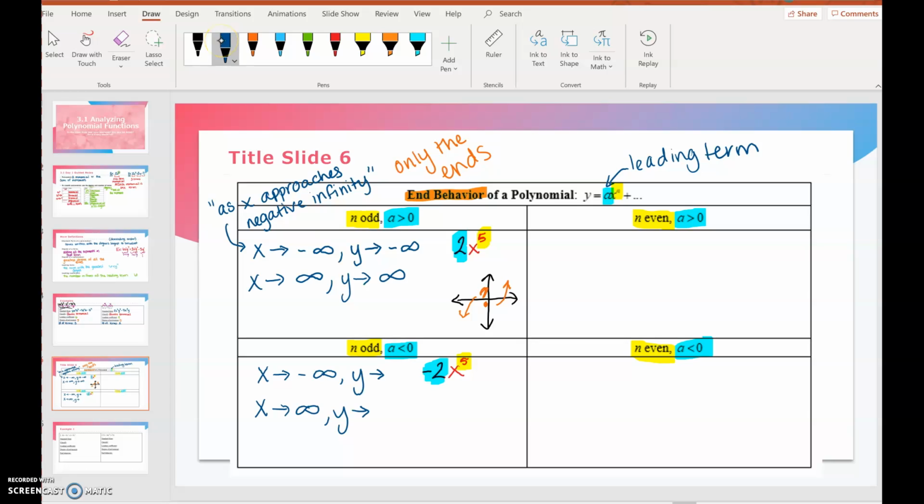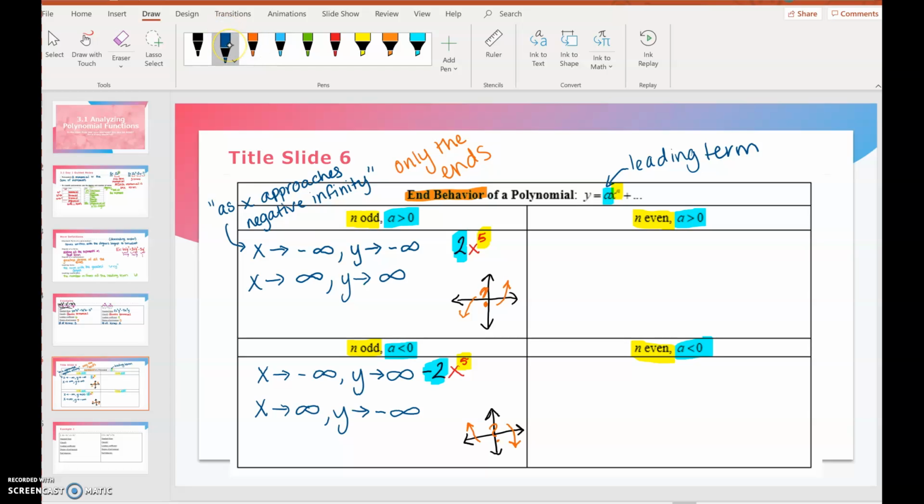When we have an odd degree and a negative leading coefficient, we are going to have it go positive and then negative. So this one's going to be opposite of what we just saw up above. We're going to have the left-hand side going up and the right side going down. And again, we don't know anything about the middle of the function.